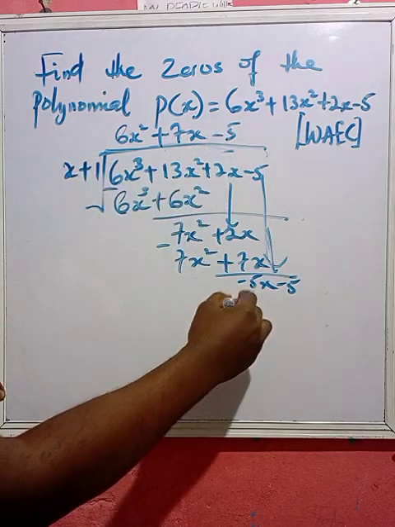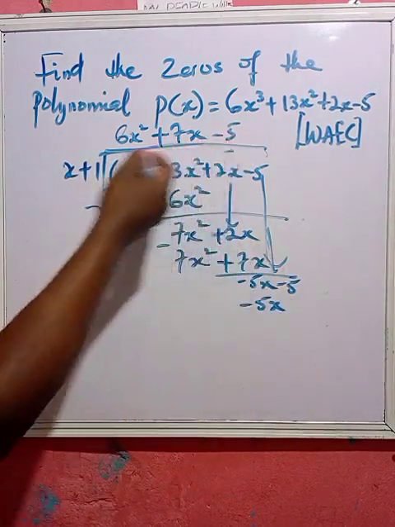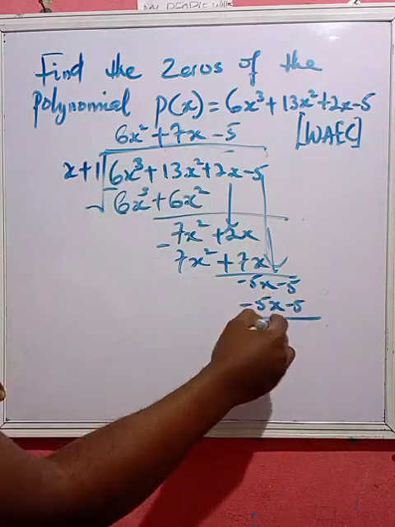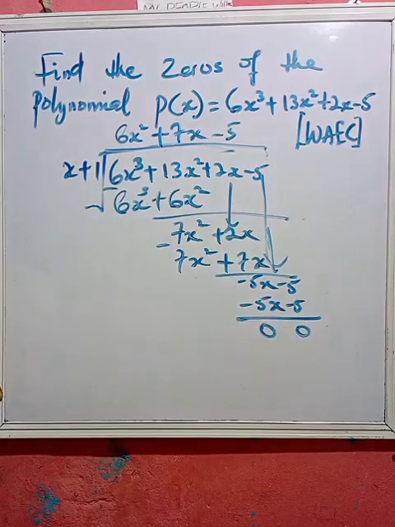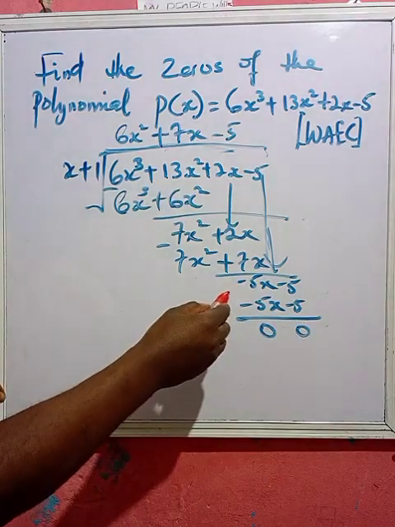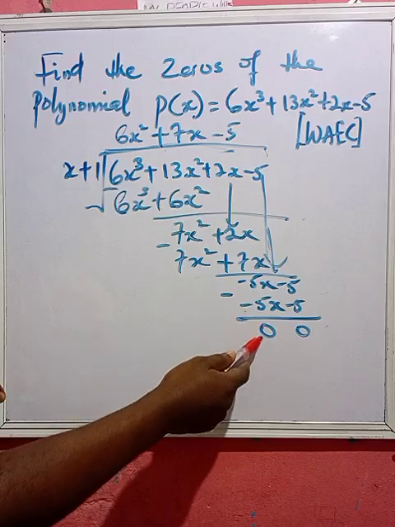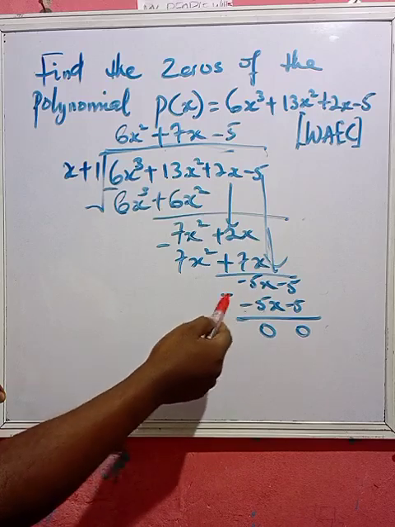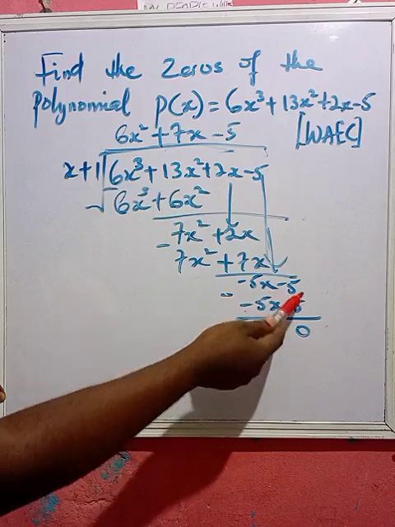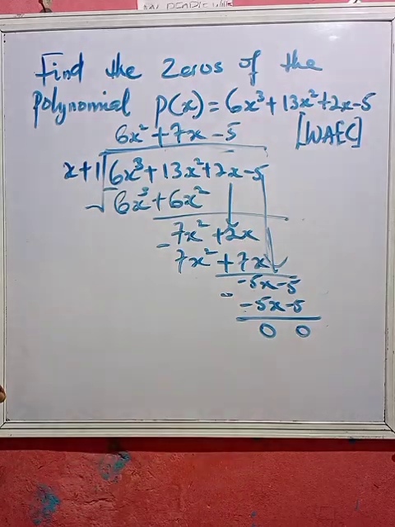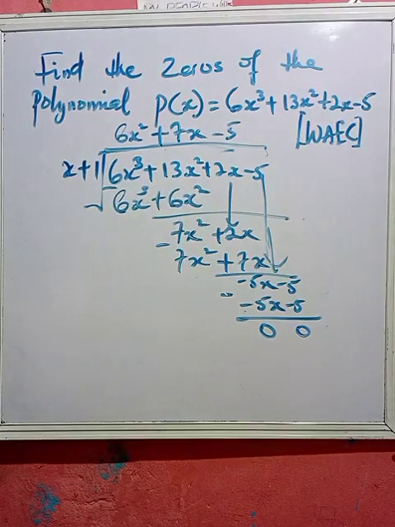Minus 5 times x will give us minus 5x. Minus 5 times plus 1 will give us minus 5. At the end of the day, we have 0. Minus 5x minus minus 5x is 0, and minus 5 minus minus 5 is also 0, because minus times minus is plus. So minus 5 plus 5 is 0, and minus 5x plus 5x is 0.